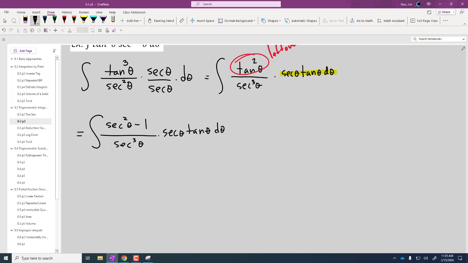And what are we going to let u be? Secant. It's what we turned the integral into, a bunch of secants. So if we're going to let u be secant, then du is secant tangent d theta.